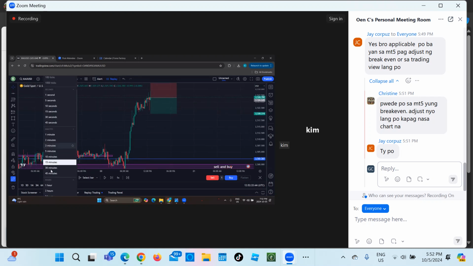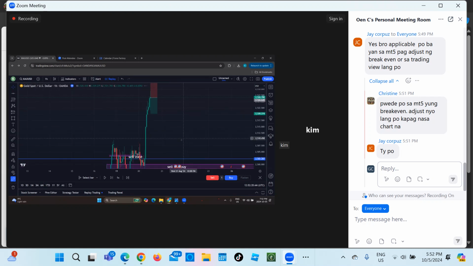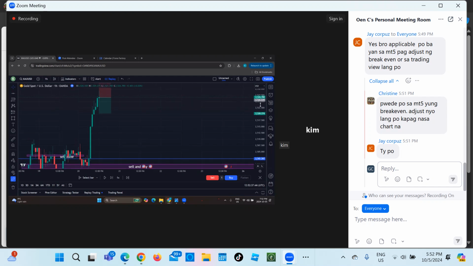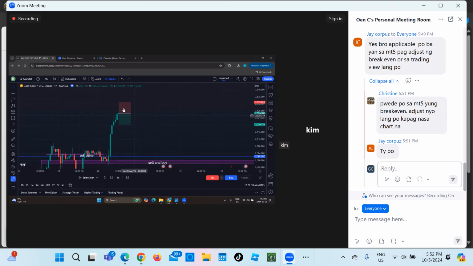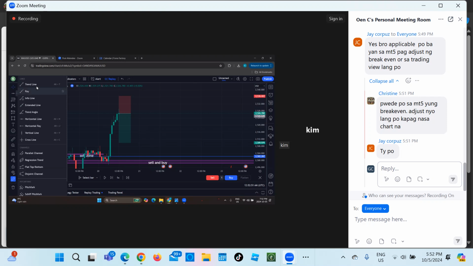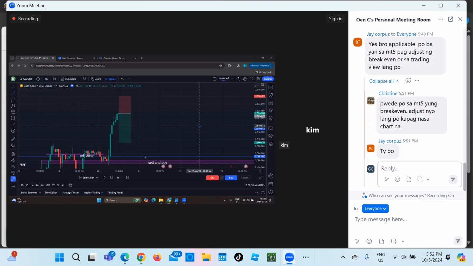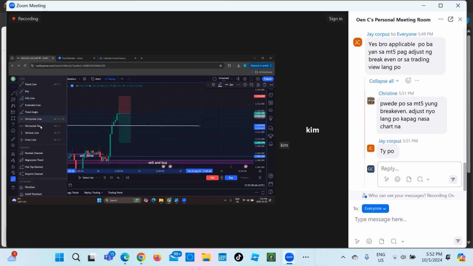I'll go to the 1 hour time frame. This is what I call the swing. Just to be safe, I would push my stop loss around 2536. I would put my TP around this area. My first TP around there. My TP line is right here.